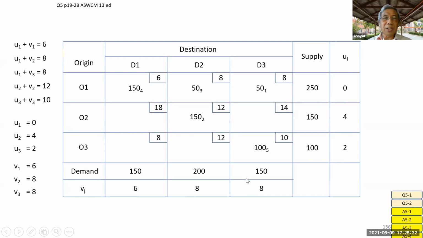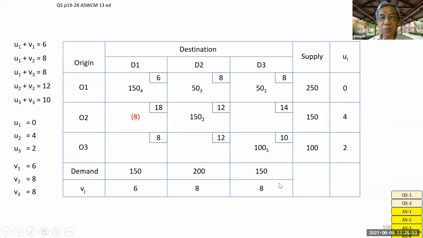Now let's find the improvement index at the non-basic cells. Here, this is the earlier one: 18 minus 4 minus 6 is 8.